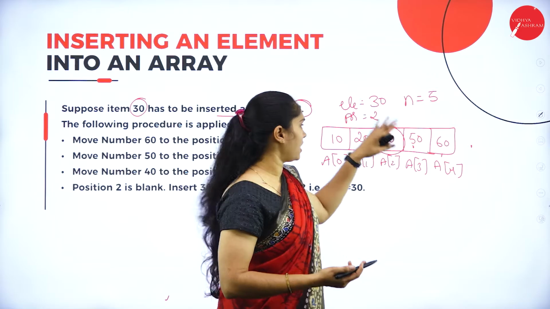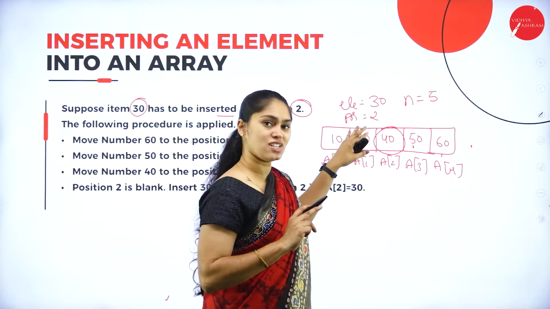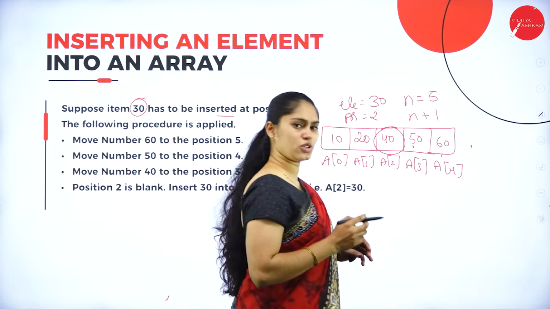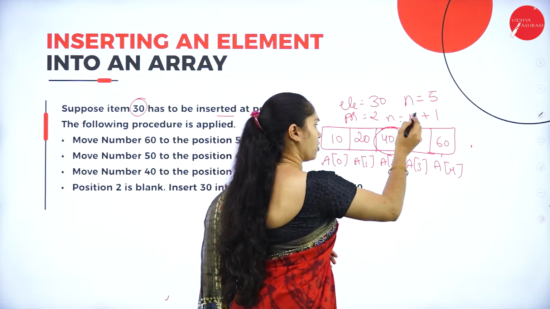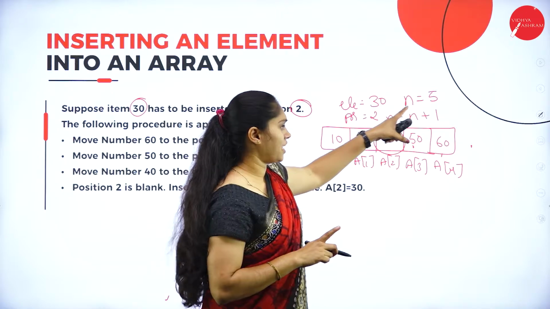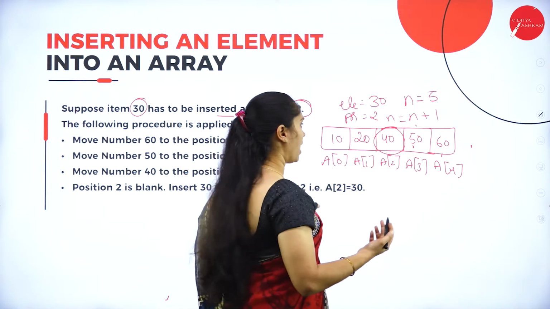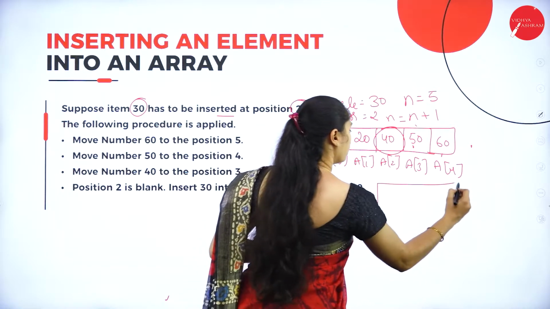But when we are inserting a new element, at that time the size n becomes n plus 1. This is how we are going to do it. So now the n value is going to be n plus 1. Initially it was 5, so now 5 plus 1 is 6. Totally we are going to have 6 elements. Then how will it be done?